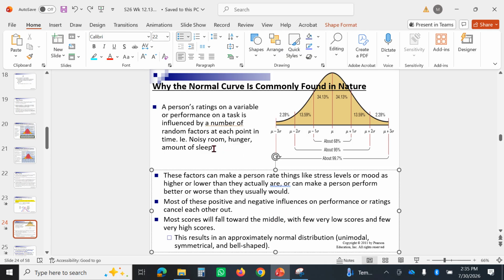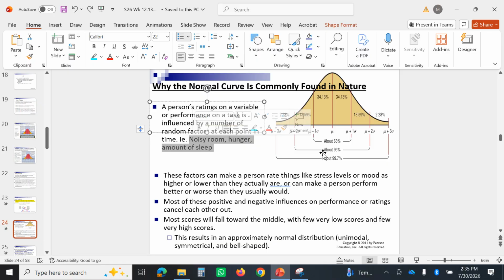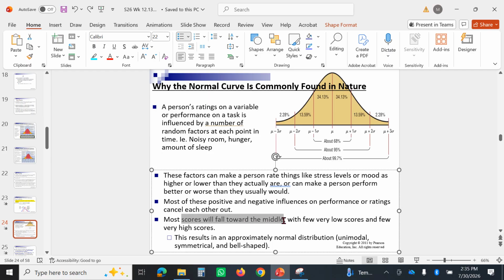Noisy room, hunger, amount of sleep, these kinds of things can bother, but if you ask enough people, it will balance itself out, and you will get this Gaussian curve, right? Most scores will indeed fall towards the middle.